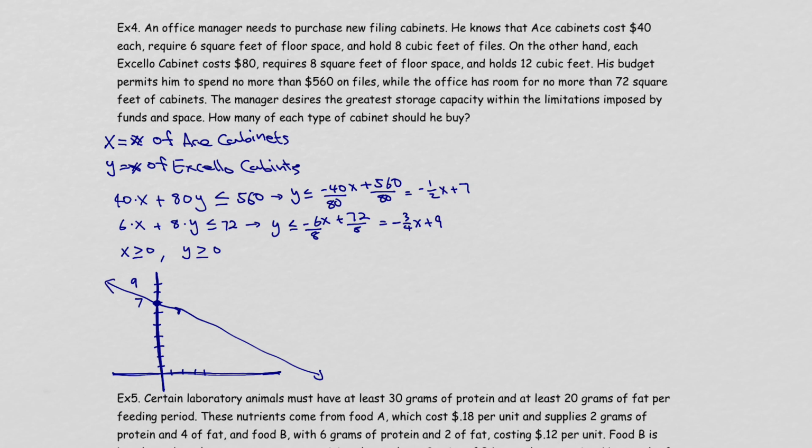And then the second inequality is going to have y-intercept 9, and go down 3, negative 3, and move right 4. Go down 3, move right 4, should be somewhere right here, and draw the straight line, right? So your graph is going to be this.